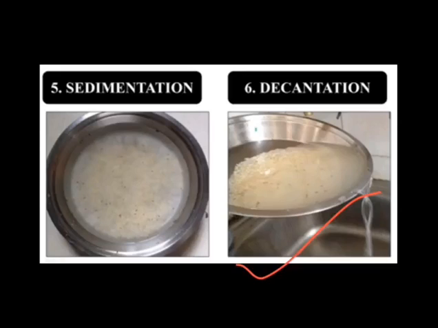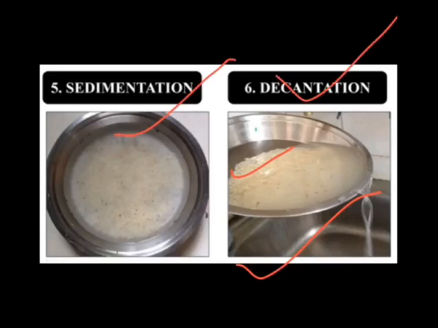So here we are removing the impurities or the liquid without disturbing the sediments. Here the sediments are the rice grains. So without disturbing the sediments, we are removing the liquid along with the impurities, and the process is known as decantation. I hope you have understood this. This is sedimentation and this is decantation. Okay.